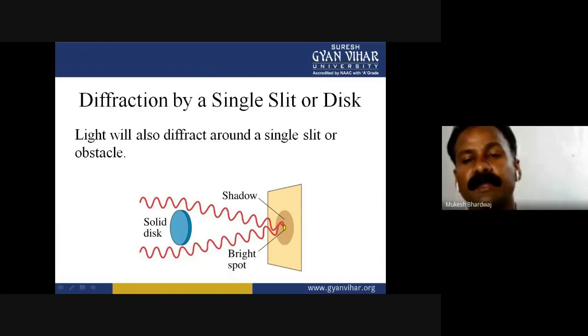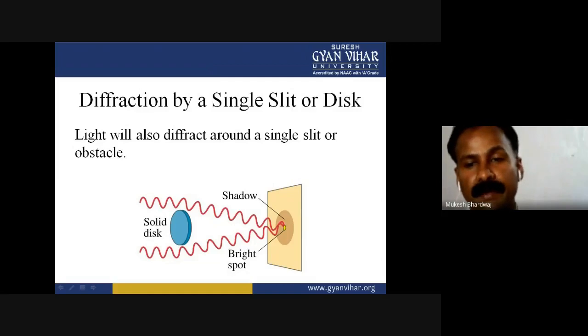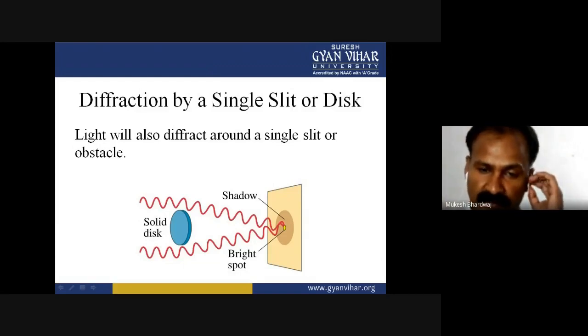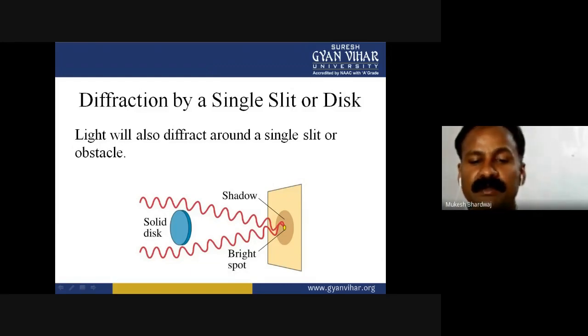In Fraunhofer diffraction, the diffraction pattern is an image of the source modified by the diffraction at the diffracting element. In Fresnel diffraction, the center of the diffraction pattern may be bright or dark depending upon the number of Fresnel's half-period zones. Whereas in Fraunhofer diffraction, the center of the diffraction pattern is always bright for all rays parallel to the axis of the lens.